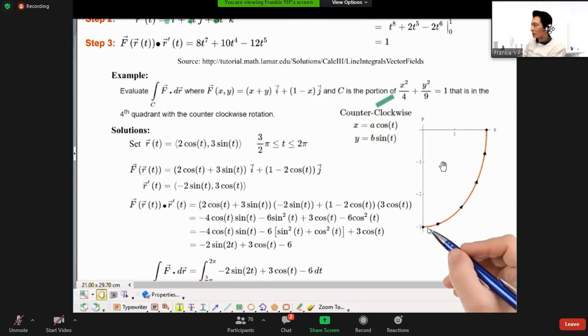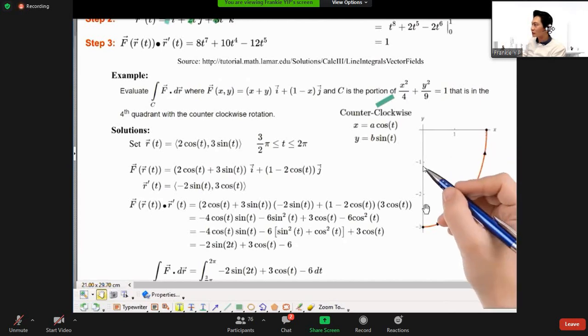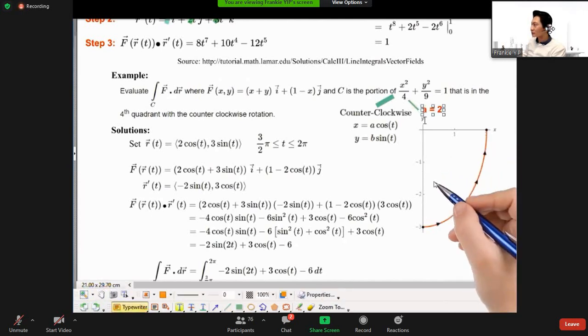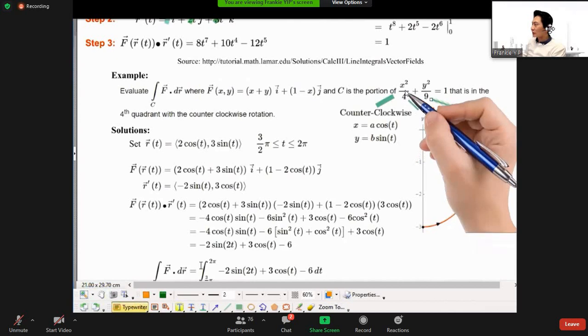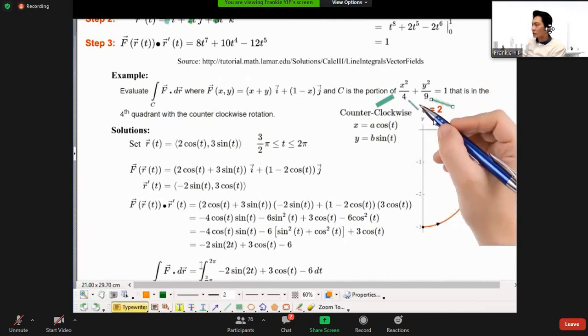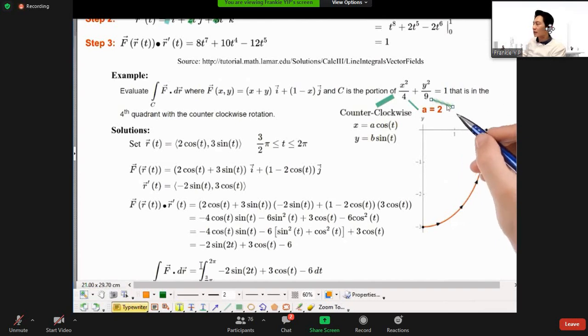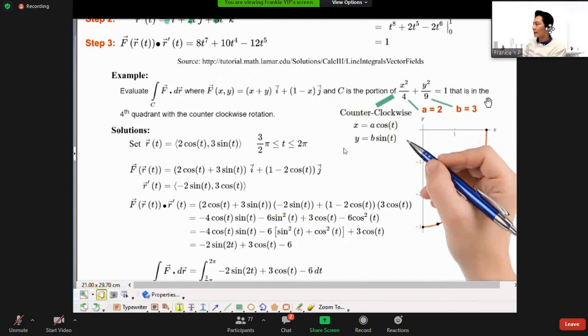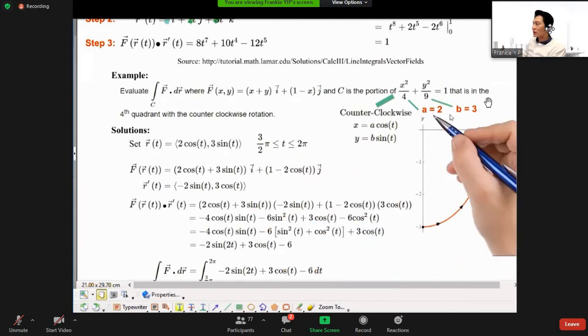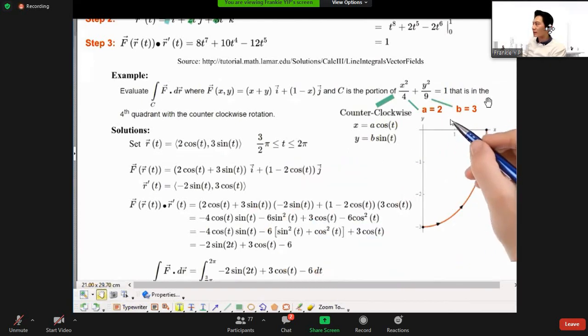So they are moving from -3 to 2 over here. Because x squared is over a squared, a equals 2. And y squared over 9 is over b squared, so b equals 3. Got it? Because this is the length, we don't have the negative sign. So a is 2, b is 3.